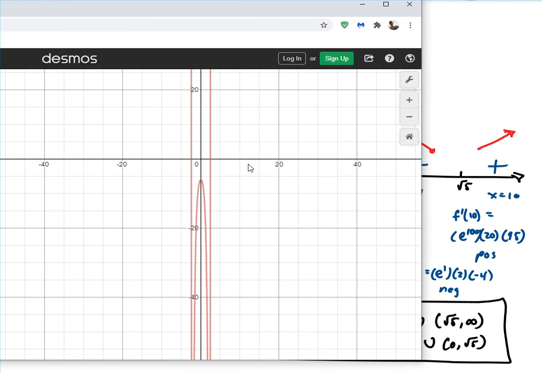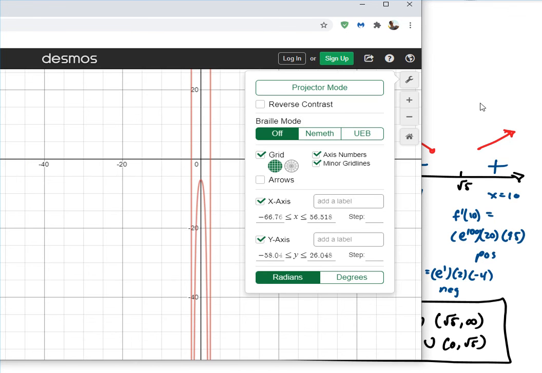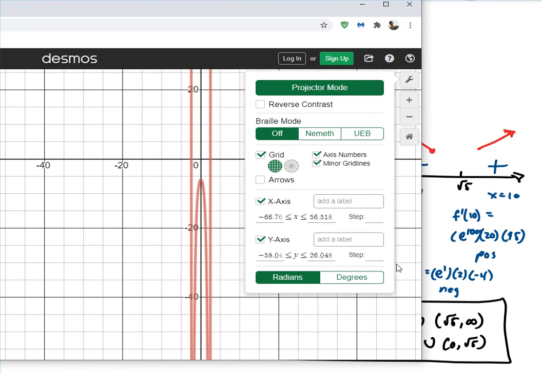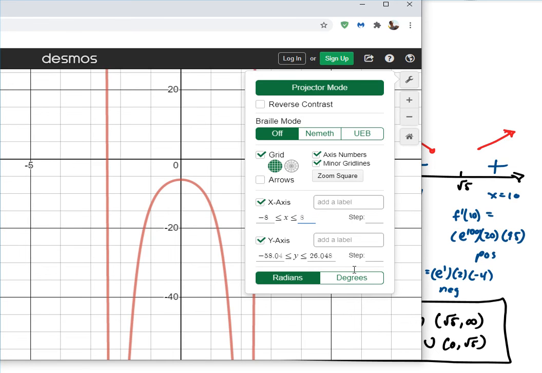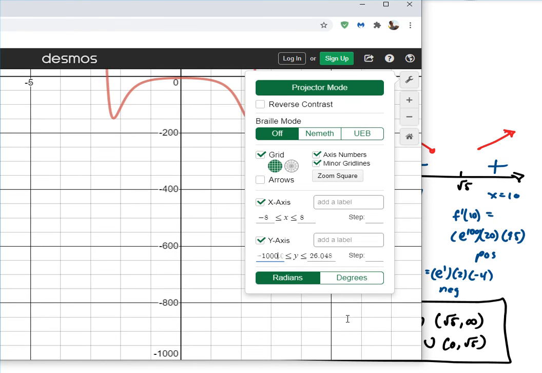Okay, so this is where the graphing calculator is a little tougher. You might want to change some of the settings, like the amount of stepping that we do. So let's just go from like -8 to +8. That might help. And then it looks like our y, let's go a little further down. Let's see, 100? 1,000?